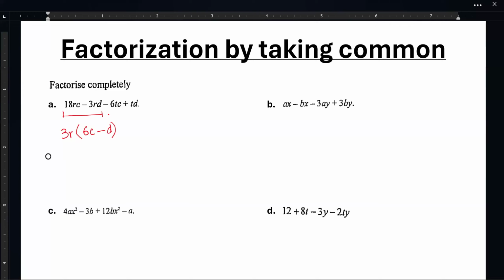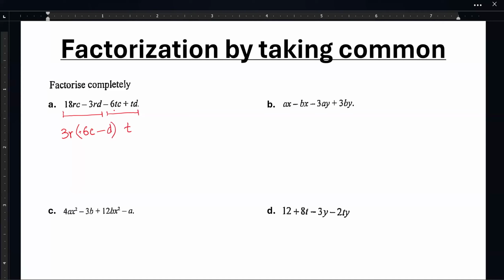Now let's observe what we have common in the last 2 terms. As you can see, T is common, but remember, signs have very good importance. You must remember about the signs. If you look at the first bracket, the first term is positive, meaning C is positive.